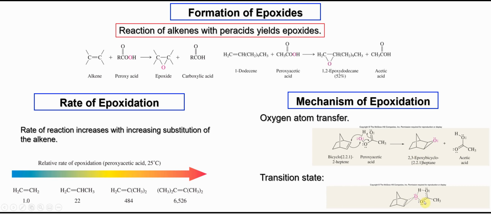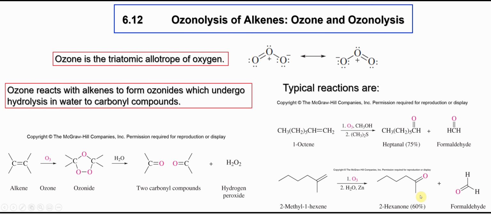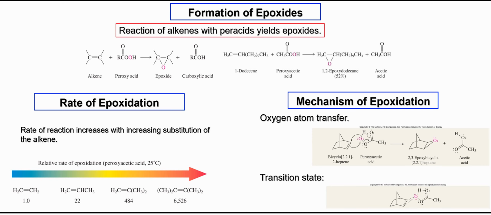So for the transition state, somebody considered that from your peroxy acids you form a 3-membered ring, and for your carbon double bonds, you form a 3-membered ring. You form 2 different types of rings: 3-membered ring or 5-membered ring for your oxidizing agents. That's the transition state. This transition state is not stable.